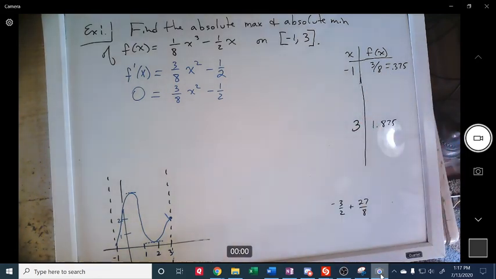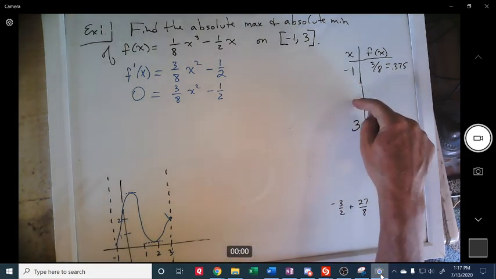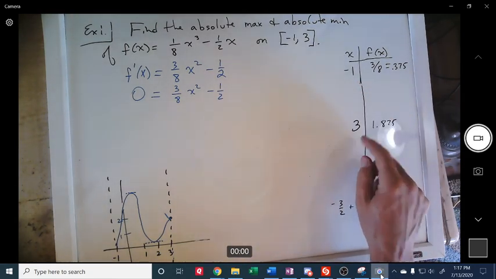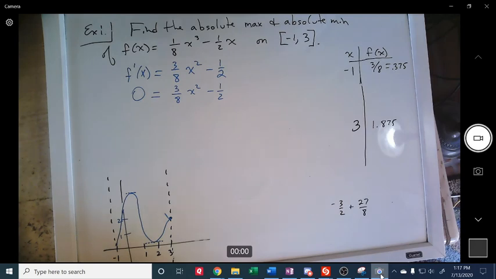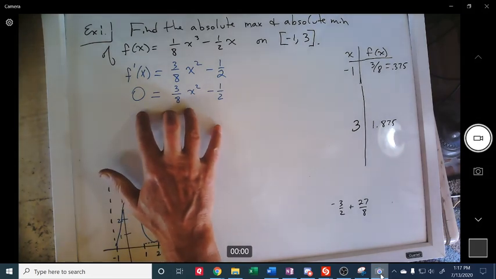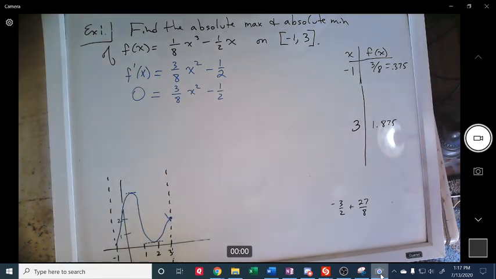If you put in all the points in between, like 0, 1, 2, and 3, you still might not get your absolute max or absolute min, because it might be happening at 1.37 or something like this. So this calculus method will zoom us directly into the points that we were looking at.